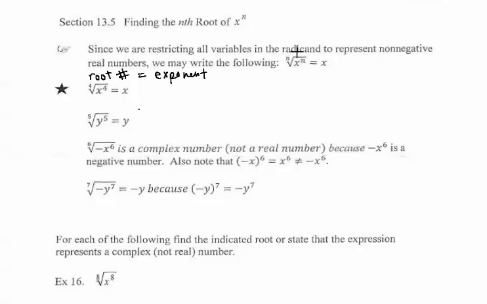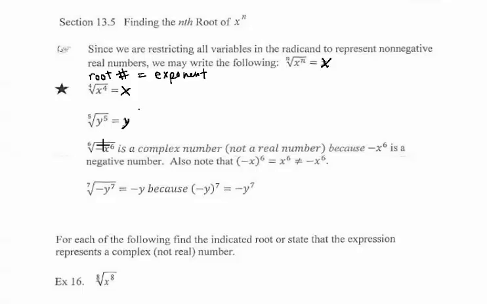So if the index matches the exponent, then we just simply take the base and write that as our nth root. Alright, so the fourth root of x to the fourth is just x. The 5 and the 5 match, so we just write out a y. We write out the base.